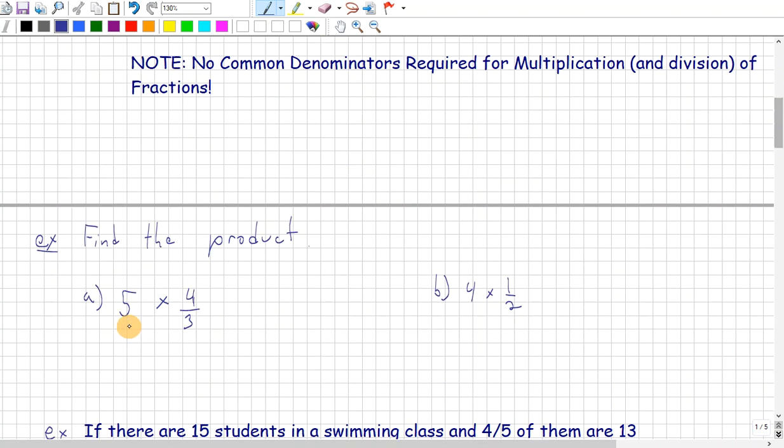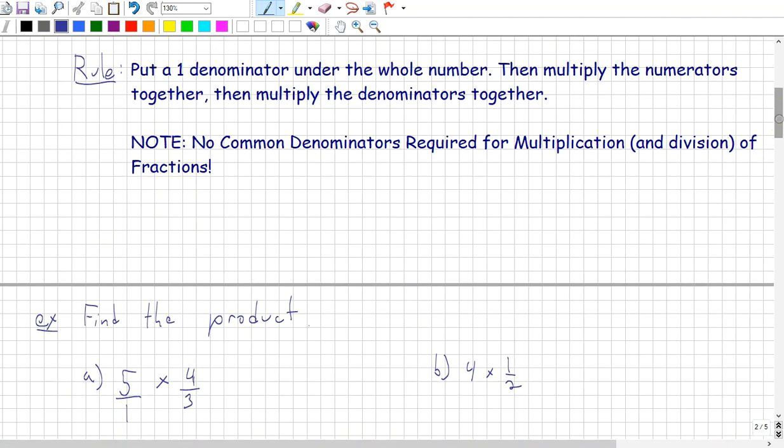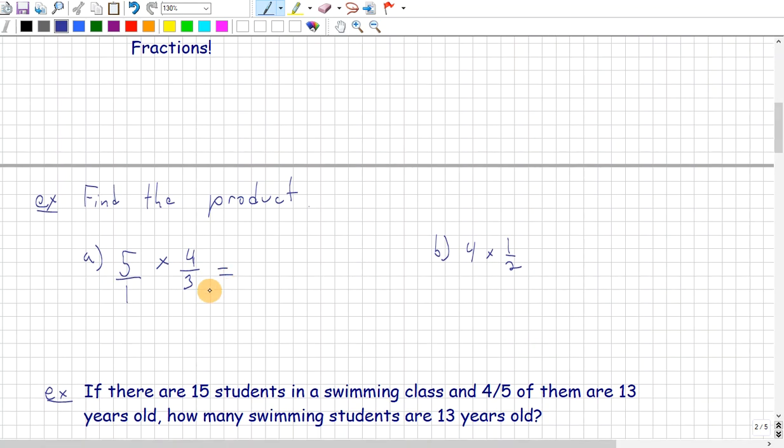That's step 1. So put a 1 under the whole number because 5 over 1 is the same value as 5. Next, what does that rule say? Oh yeah, then multiply the numerators together, then multiply the denominators together. So 5 times 4 is, of course, 20. And of course, we're always going to look at our final answer and see if we can reduce or simplify it too. 1 times 3 is 3.